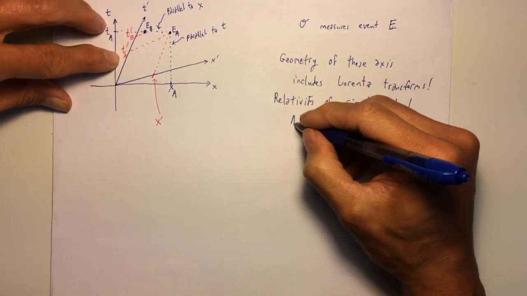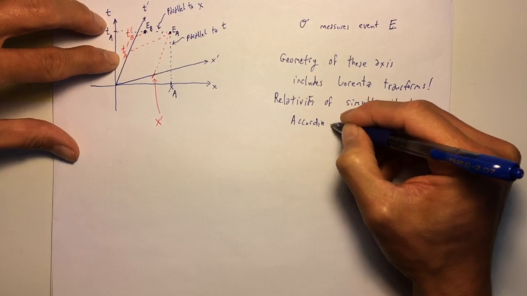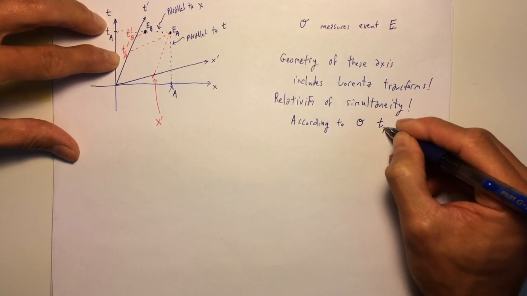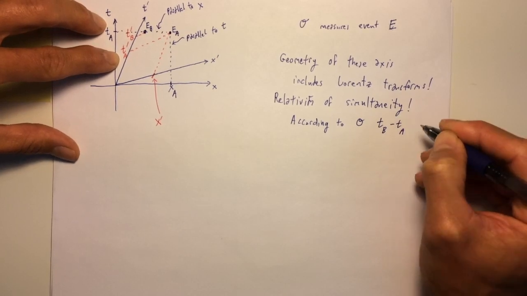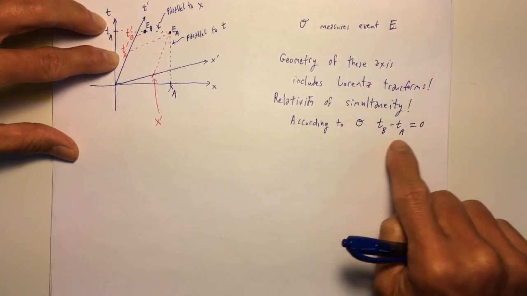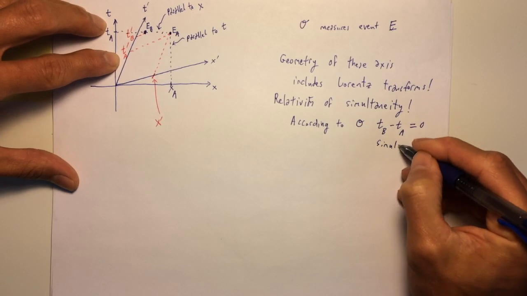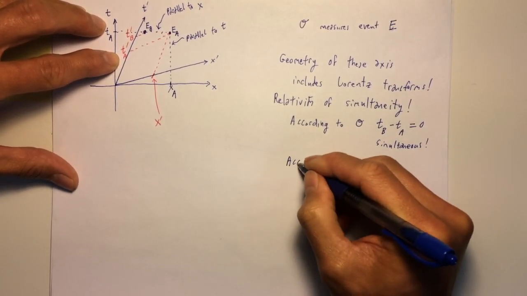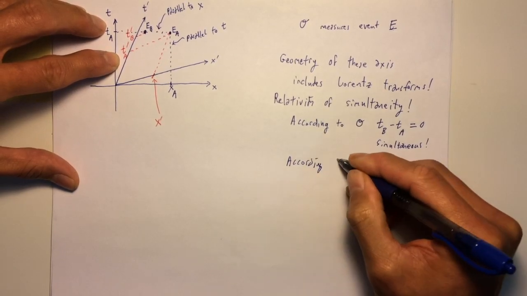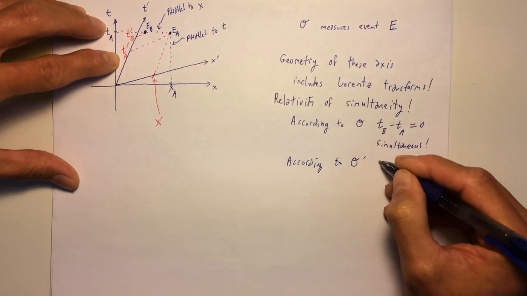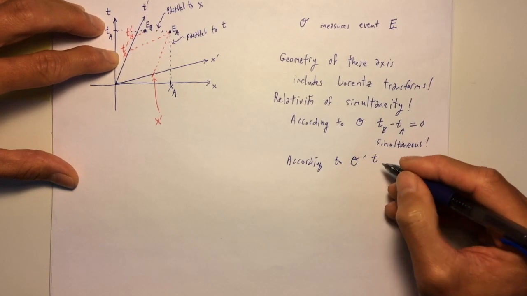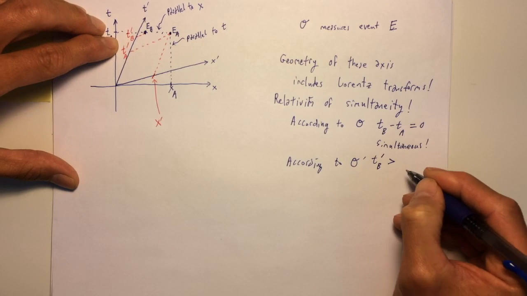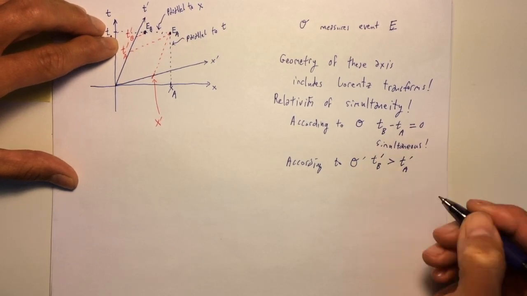So according to O, t sub B minus t sub A equals 0. This is what simultaneous means. According to O prime, t sub B prime is actually bigger than t sub A prime.